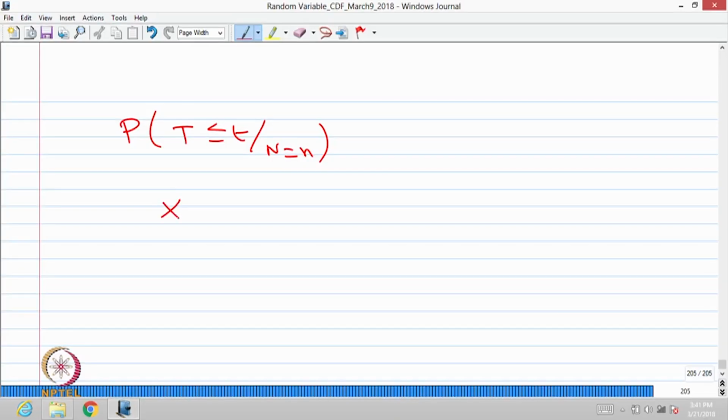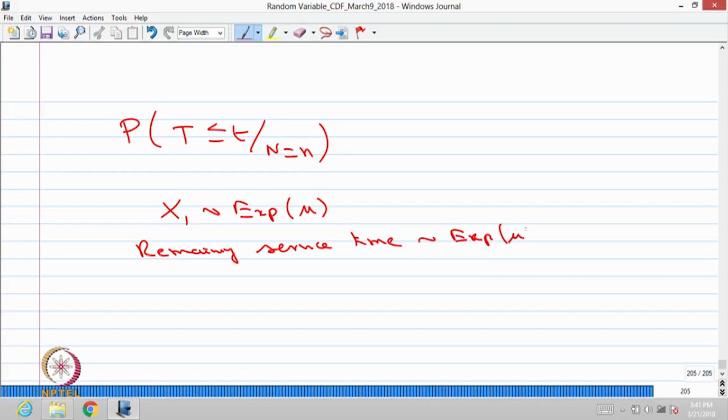Since the first customer under service has a service time with exponential distribution with the parameter mu, the remaining service time is also going to follow exponential distribution with the parameter mu, by using the memoryless property: the conditional probability of X greater than t plus s given that X is greater than s is the same as the probability of X greater than t.